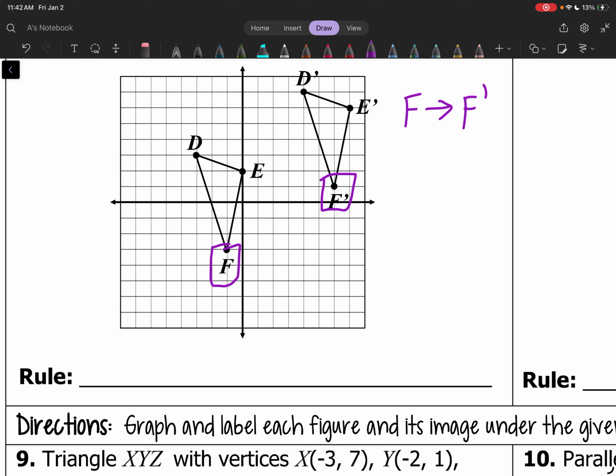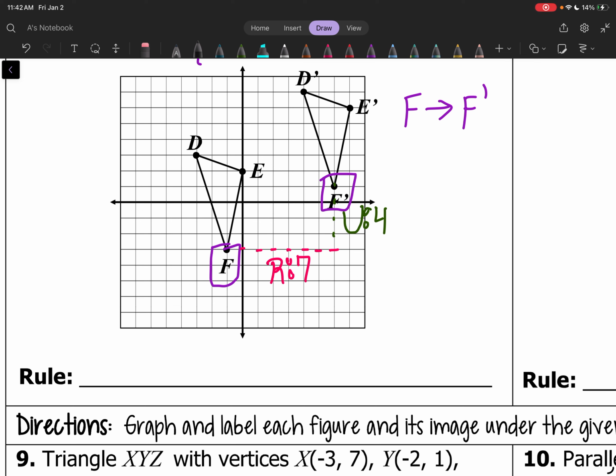You want to end up with the one at the apostrophe. So we go to the right 1, 2, 3, 4, 5, 6, 7. So that's right 7. And then from here, we're going up 1, 2, 3, 4. Up 4.